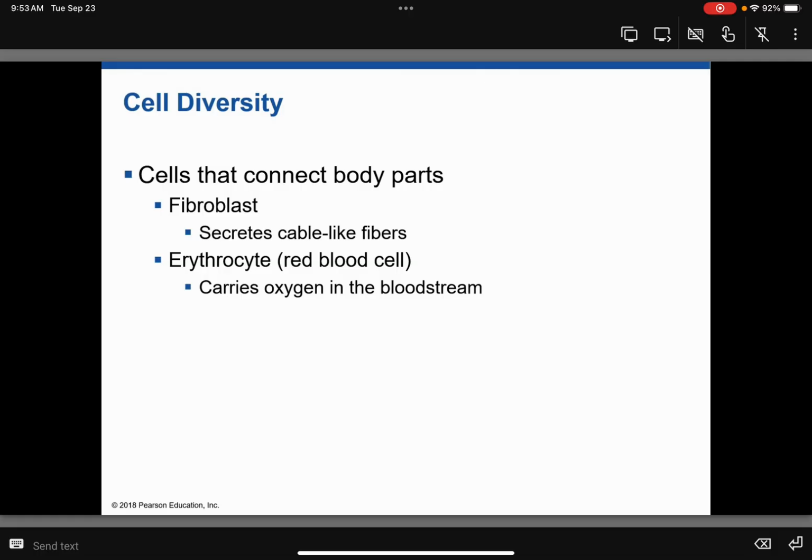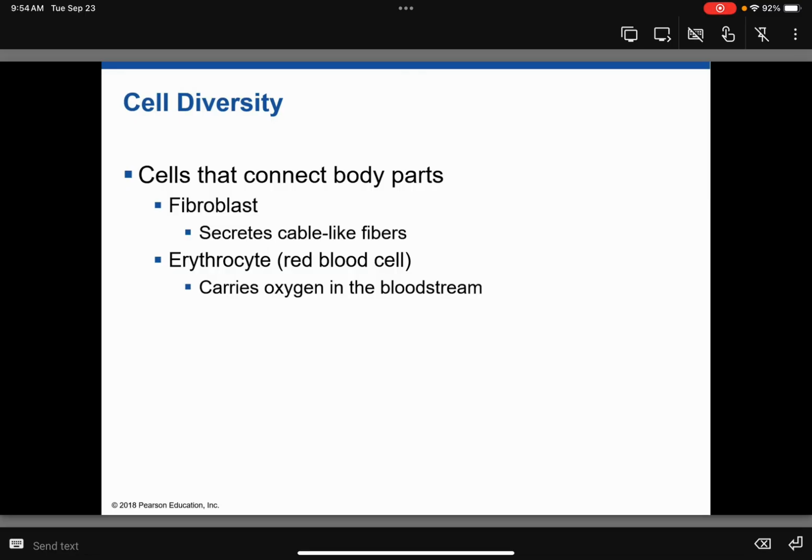So the first function we're going to talk about is cells that connect body parts. Things like fibroblasts will secrete cable-like fibers that can grab on to different parts and help to hold things together.